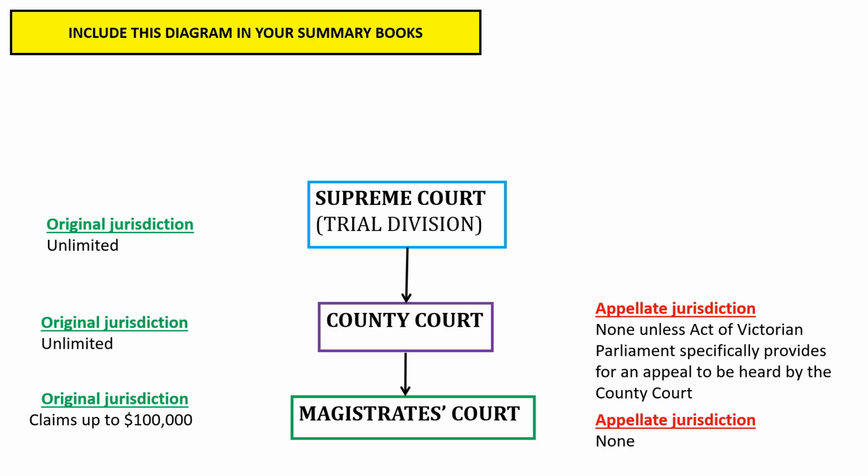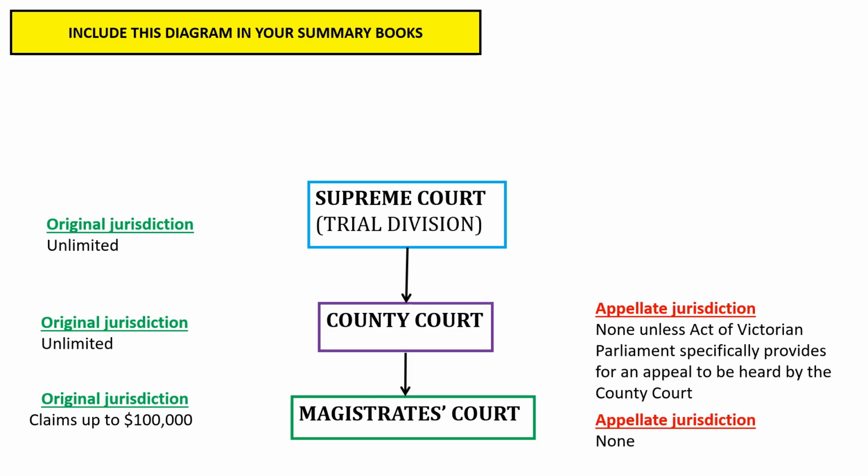Now you might ask, well, given that both the County Court and the trial division have the same original civil jurisdiction, how do we know whether it's the County Court or the trial division that will hear a particular civil dispute? The answer is that it's up to the plaintiff, that is, the party that brings the civil dispute to court in the first place.